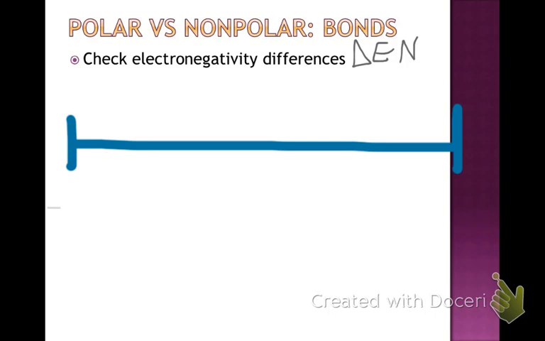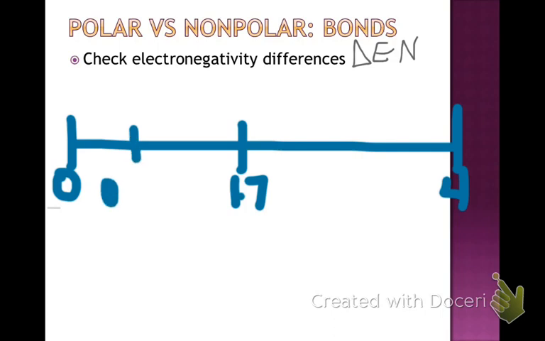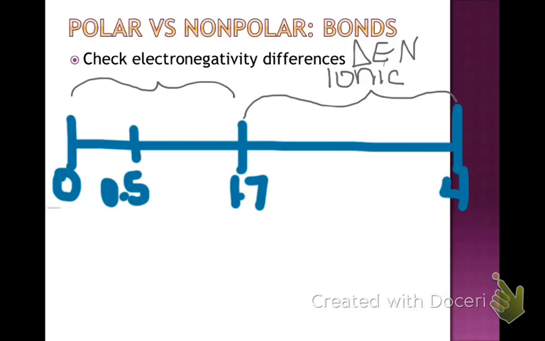So I'm going to have a line here, a line all the way left, that's 0. The one all the way on the right is 4. This is 1.7, and this is about 0.5. It's not that great, but it's there. From 1.7 to 4 is ionic in character, meaning that it's positive and negative versus partially positive and negative. 0 to 1.7 is going to be covalent.